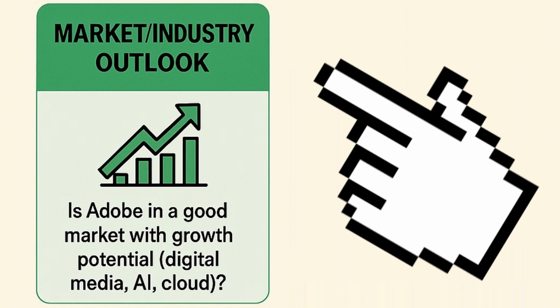But there is competition, like from Canva. But still, Adobe has a strong brand and loyal customers. So we need to understand, even if the company is good, we must check if the whole industry is moving forward. A strong industry helps the stock grow faster.